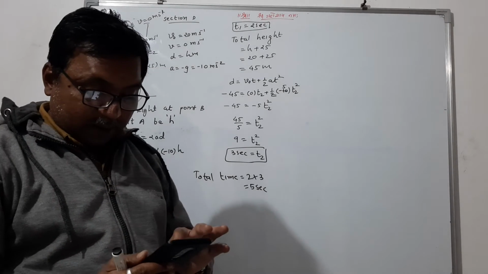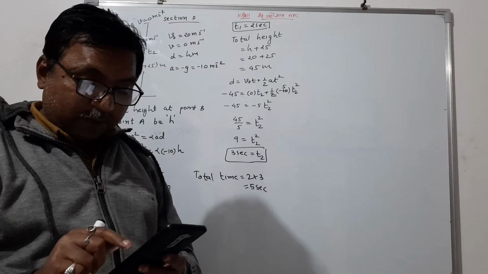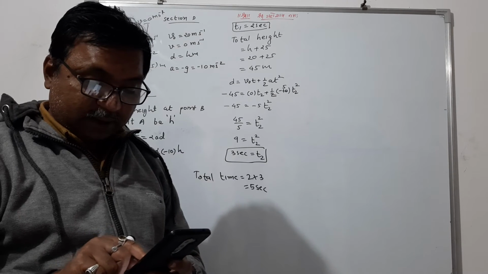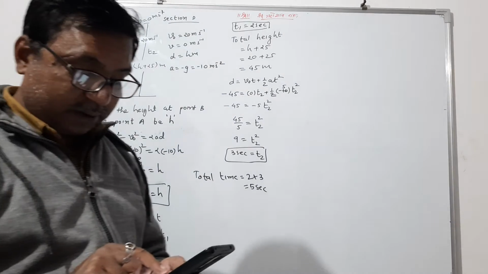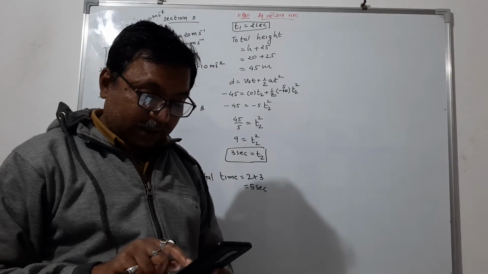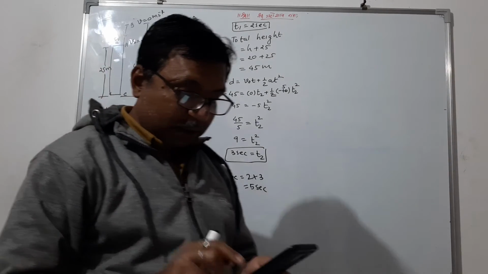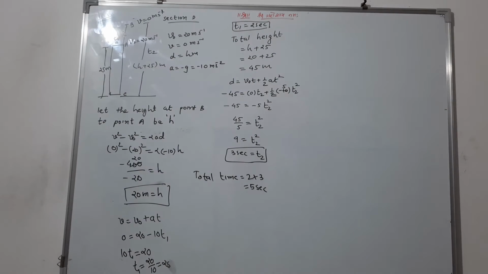A particle starts from the origin at t is equal to 0 second with velocity 10.0 j meter per second and moves in the xy plane with a constant acceleration 8i plus 2j meter per second square.